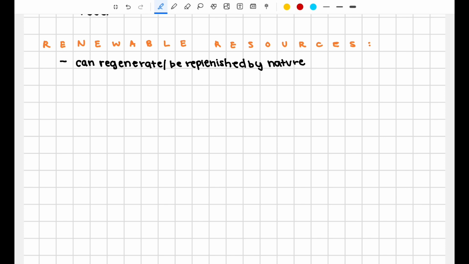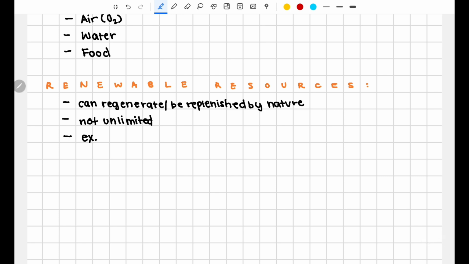They're not going to be completely depleted. Now, this doesn't mean that they're unlimited in the sense, but all it means is that on the earth, they're going to continue to stay regardless of the use of them.